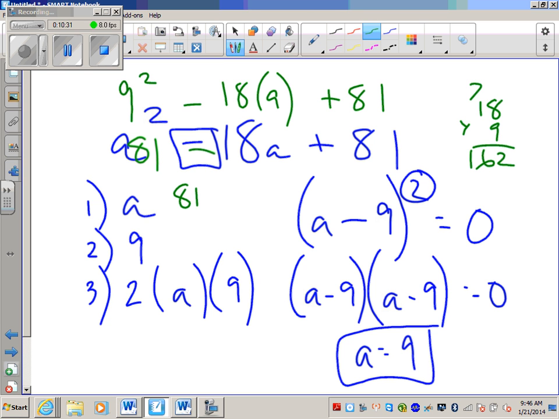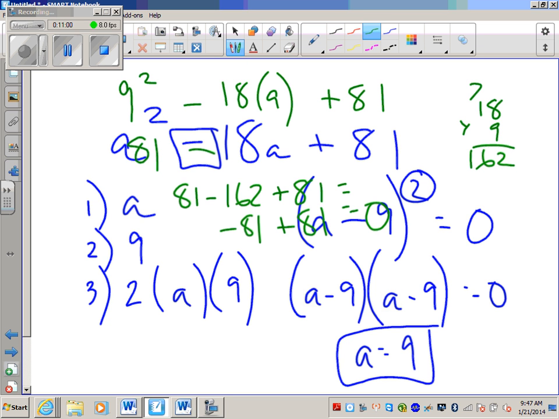So 81 minus 162 plus 81 equals 81 minus 162 is negative 81 plus 81. Does it equal 0? Yeah, so it works. So essentially, that's what we're finding out. We're finding out what can we plug into this equation to make it equal 0. And we found it.